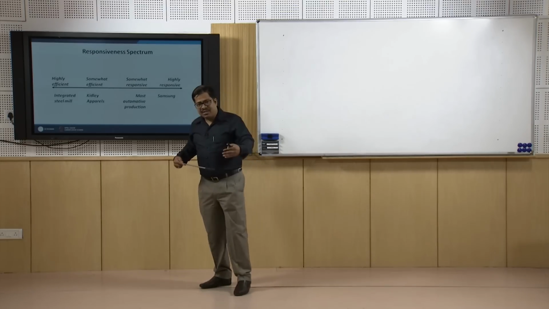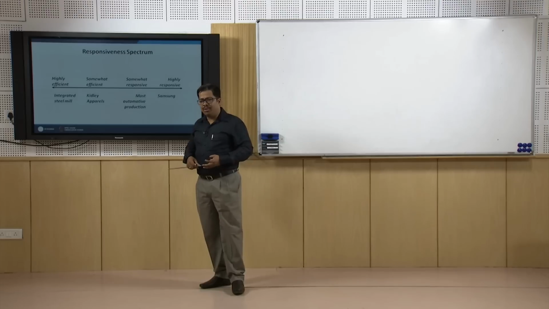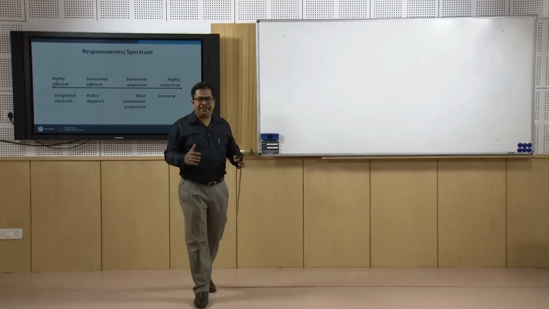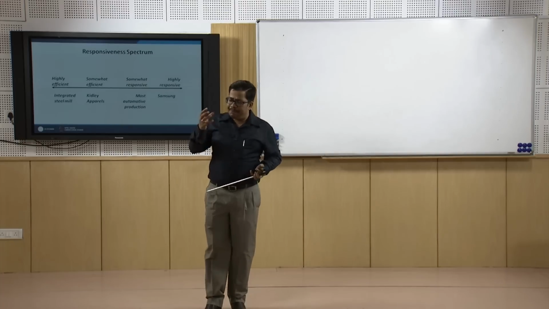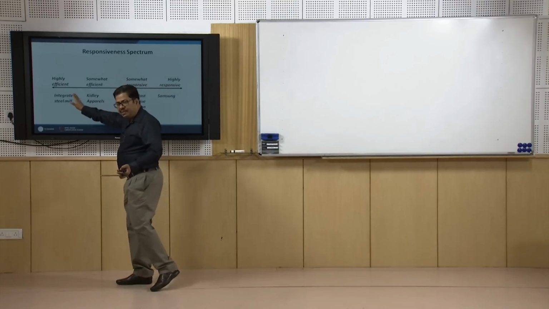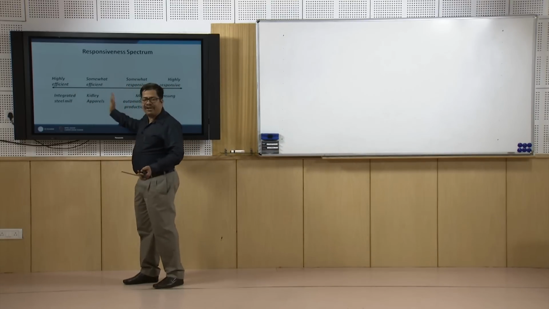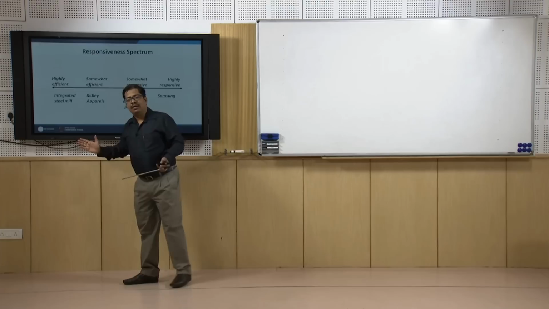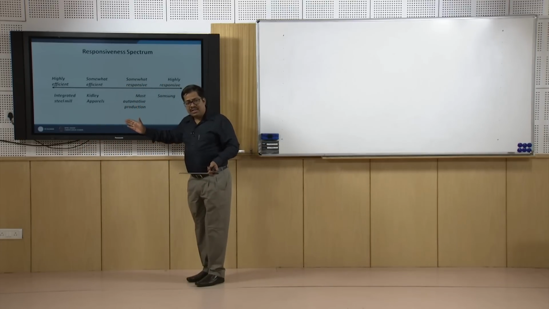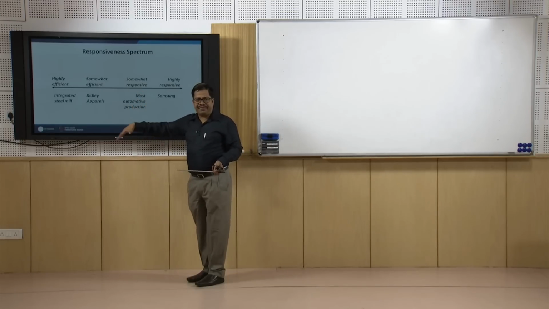And I must give you this exercise at this moment, that try to see different types of examples around you and put those examples on this responsiveness spectrum at different locations. See where Maruti fits into this, see where Hero fits into this, see where Post Office fits into this, see where Amul fits into this, see where Mumbai's Dabbawala fits into it.